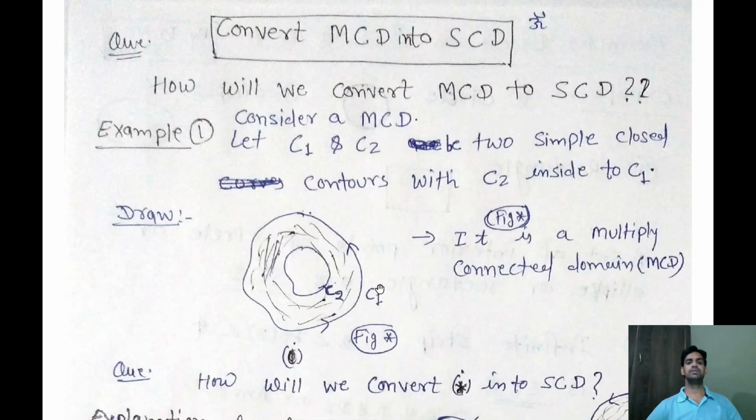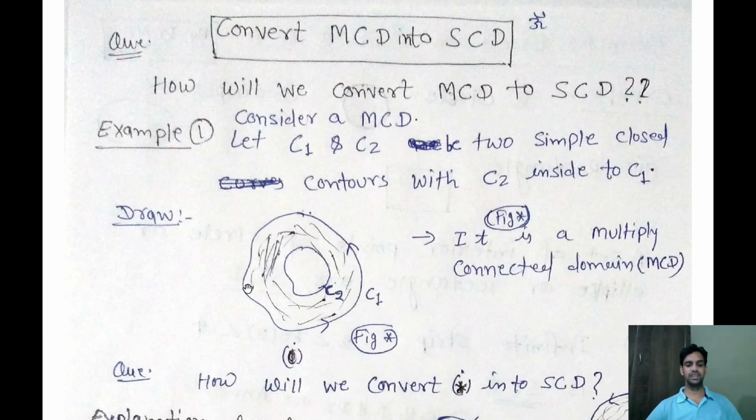Now we will see how we convert a multiply connected domain into a simply connected domain. This is our question. So let's consider a multiply connected domain. Let C1, C2 be two simple closed contours with C2 inside C1. So first we will do this.